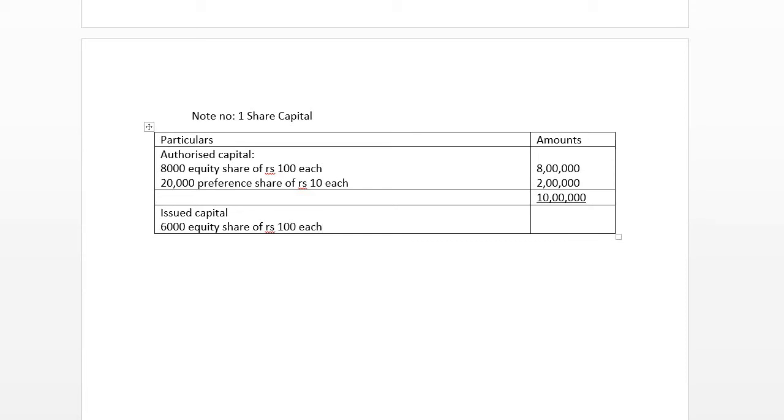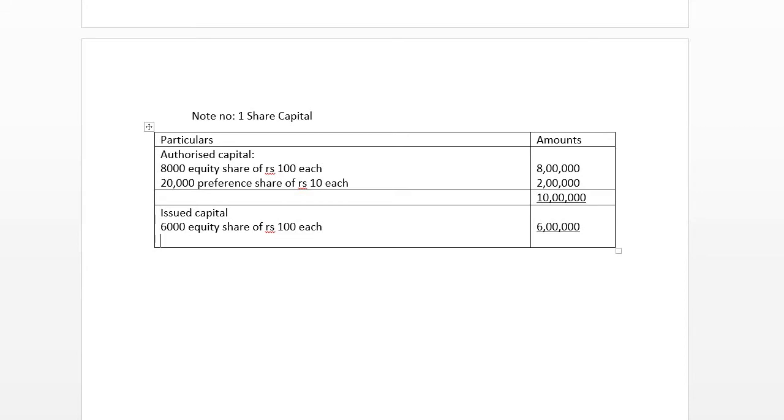Then 6,000 into 100 is equal to how much? 6 lakh, right? 6 lakh. Then later, out of 8,000 equity shares, 6,000 is issued.